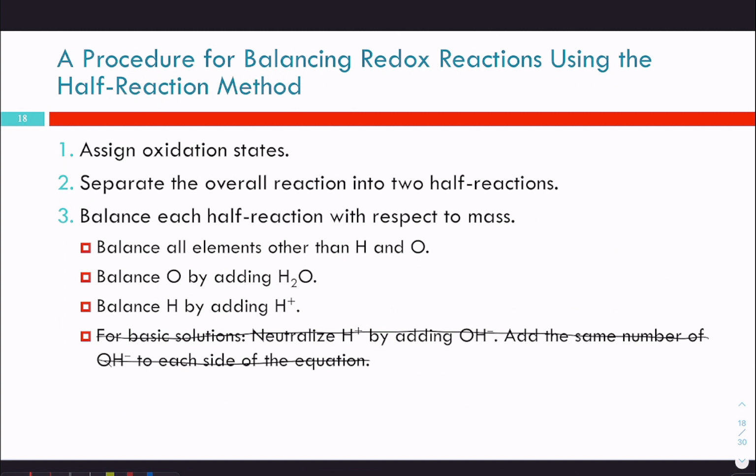And I crossed out this last one because we're not going to worry about whether it's acidic or basic. Leave that up for a minute.